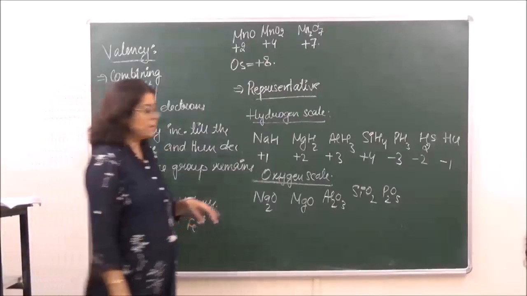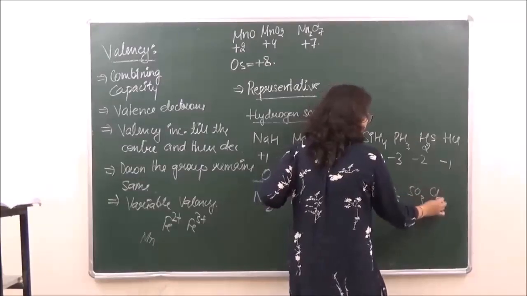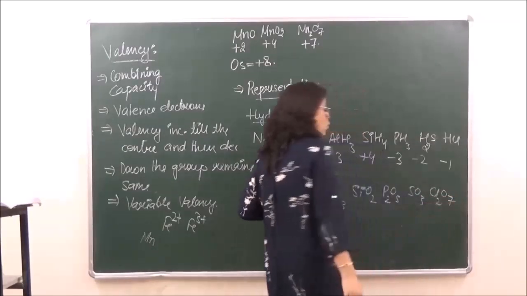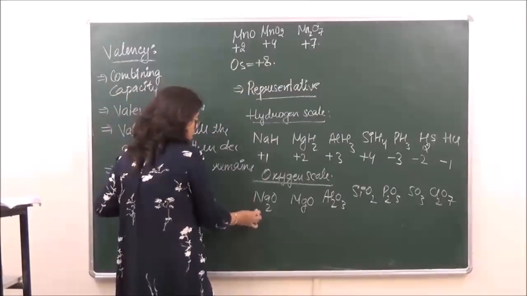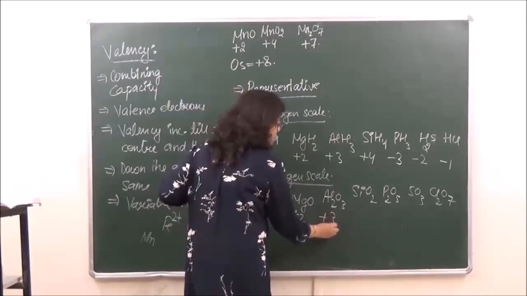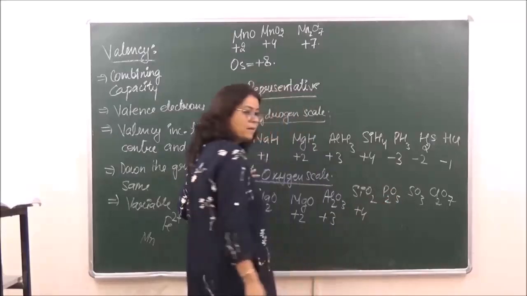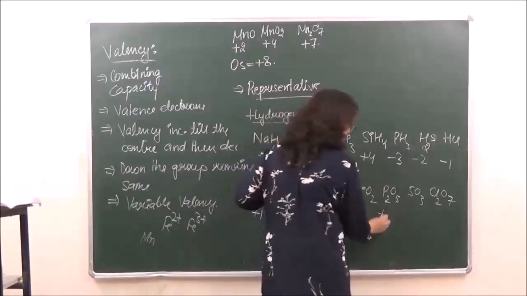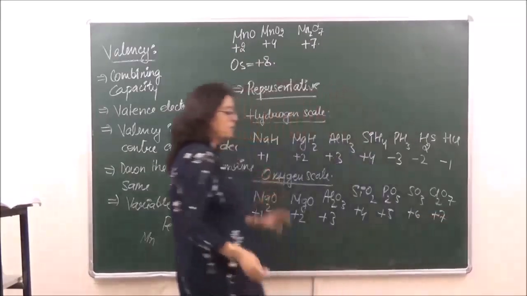P2O5 के बाद आ गया हमारे पास सल्फर के साथ सल्फर ट्राइऑक्साइड SO3 and Cl2O7. So let's see over here the valency is +1, +2, +3, 2 2s are 4, +4, 5 2s are 10 divided by 2, +5, +6 and +7.